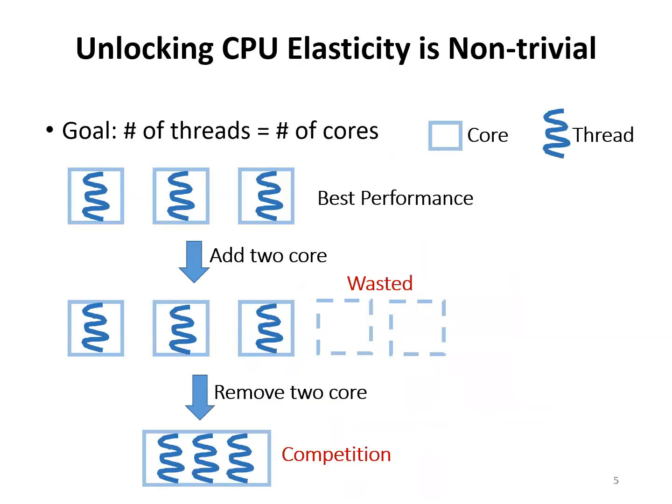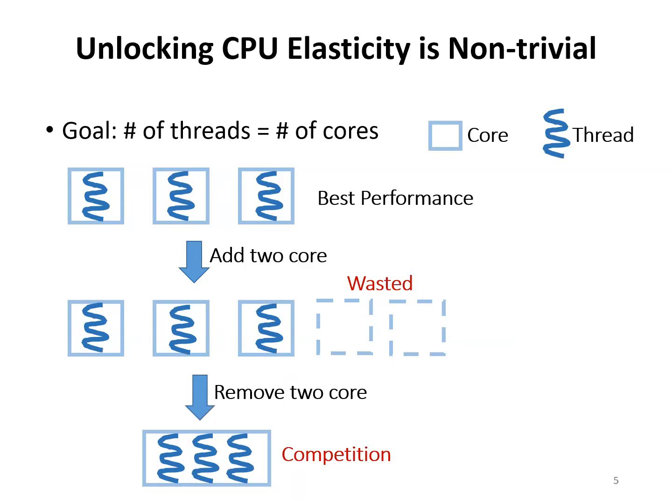However, unlocking CPU elasticity is still non-trivial. Traditional applications always match the number of threads to the number of cores at startup and are unable to adjust the number of threads during runtime. Therefore, when the number of cores varies at runtime, applications are hard to adapt.